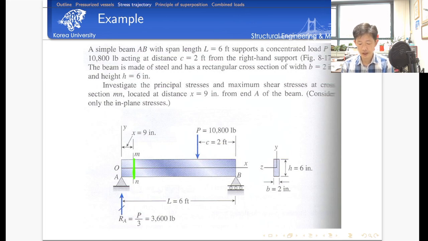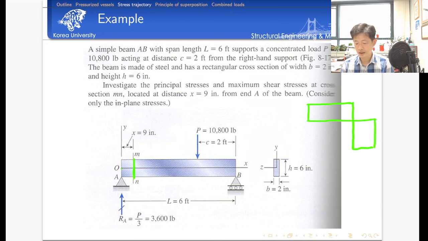So we have the reaction, and if you determine the shear force diagram, first we have 3600, and then we have constant shear force up to the point of the concentrated load, and then we have a jump of the shear force diagram. The magnitude of the jump is 10,800 pounds, and then we have another horizontal line until we meet point B.